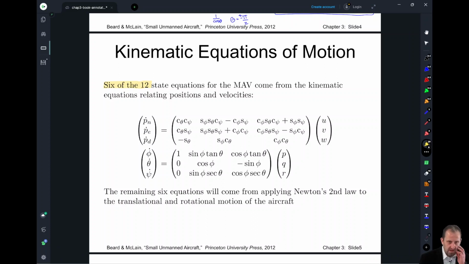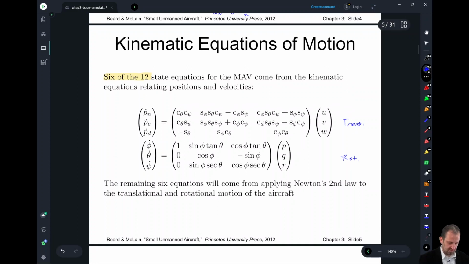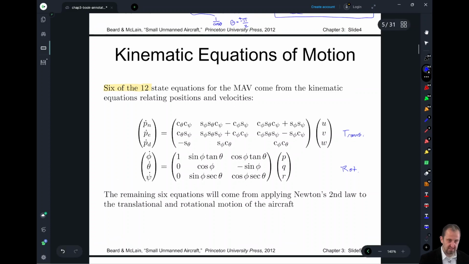We have these matrices, which are largely a function of our attitude, where we're relating our translational velocities and our rotational velocities to the pose states. The remaining 6 equations we're going to get when we apply Newton's second law to these translational and rotational motions. We're going to use Newton's law, and we'll relate the forces and the moments to our translational and rotational velocities.